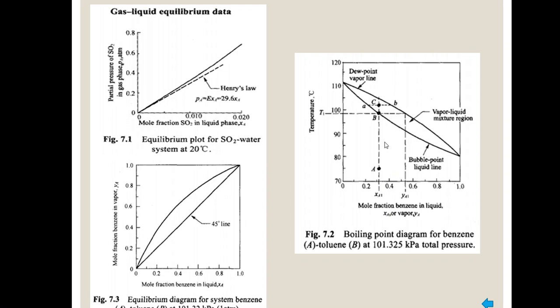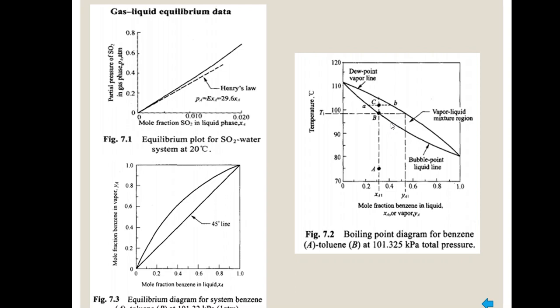You go up, you stop here, and then you read on the left side the boiling point temperature of this particular mixture, which has 0.4 as the concentration of A, whatever that A may be, or in this case that would be benzene.